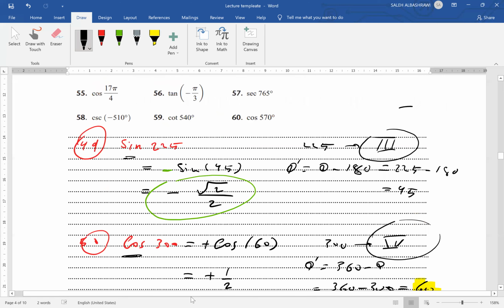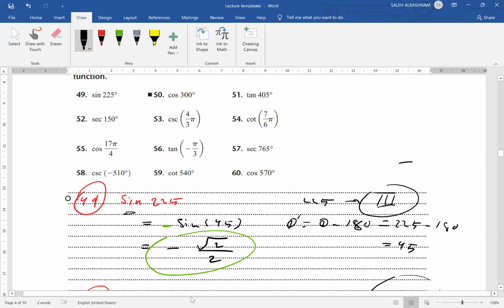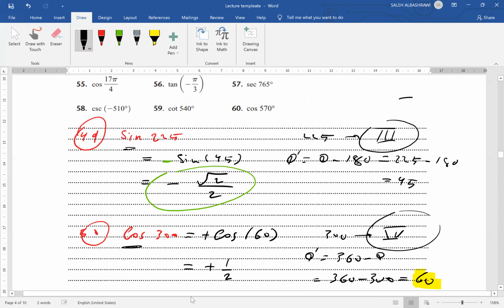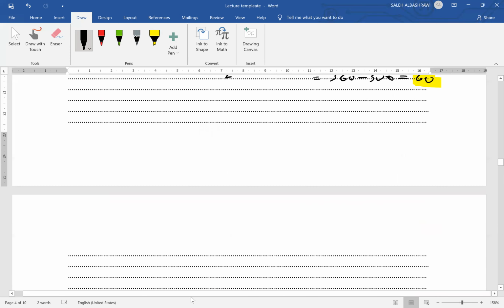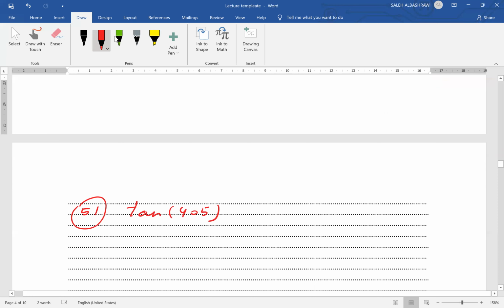Take another one. That's question number 51, tangent of 405. We need to find tangent of 405. So let's find the reference angle for this one.